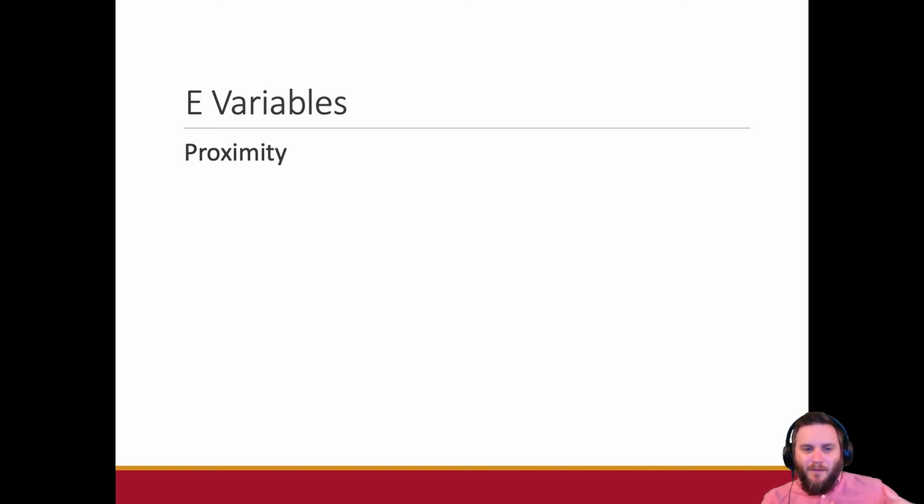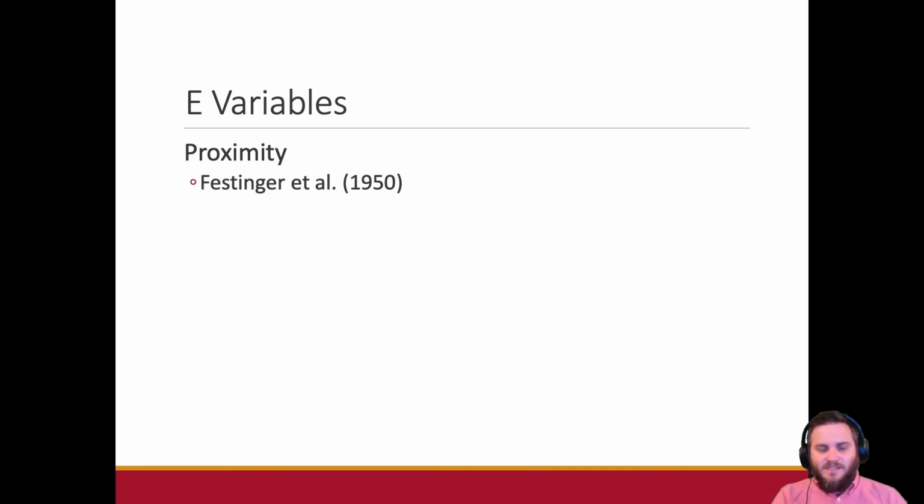So one of the ways that we increase attraction is by having daily interactions. This can be referred to as mere exposure, which we'll talk about in just a second with familiarity. One of the more classical studies on this was Festinger, who was the cognitive dissonance guy. They studied friendships.